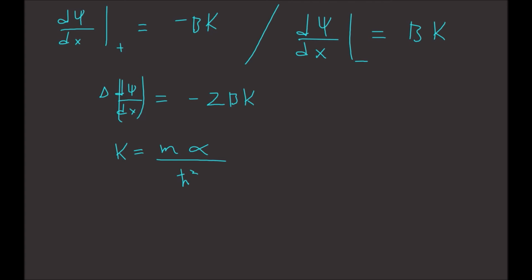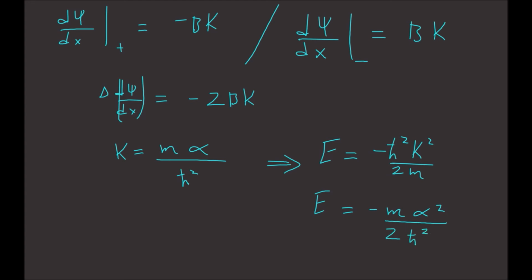So now we can define the energy. The energy is equal to minus h bar squared times k squared divided by 2m, or you can say E is equal to minus mass times alpha squared divided by 2 h bar squared.